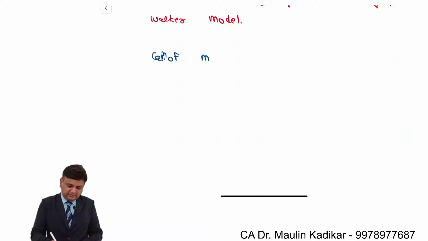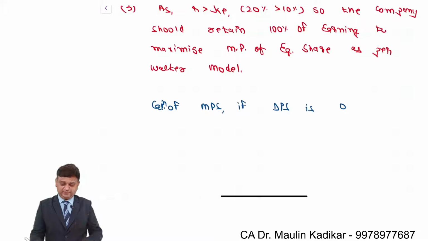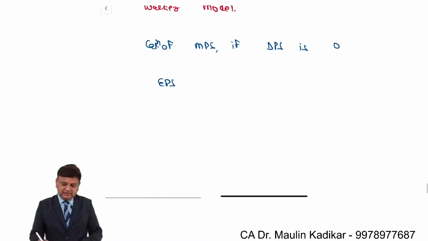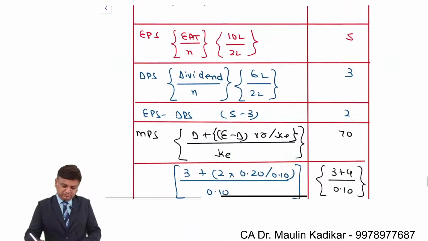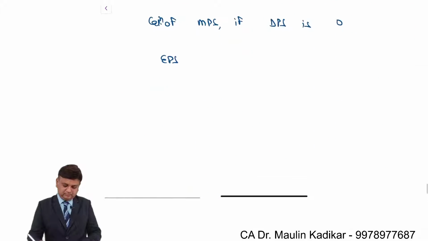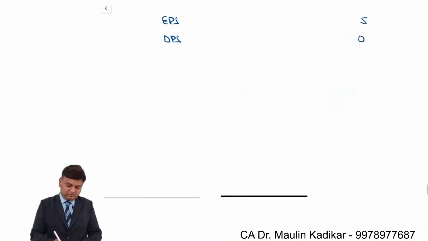Calculation of MPS if dividend per share is 0, because we should retain everything. EPS we have already found, it is an amount of rupees 5. Dividend per share is 0.